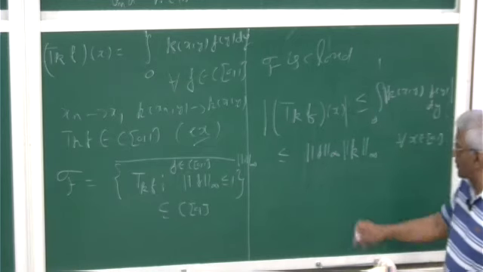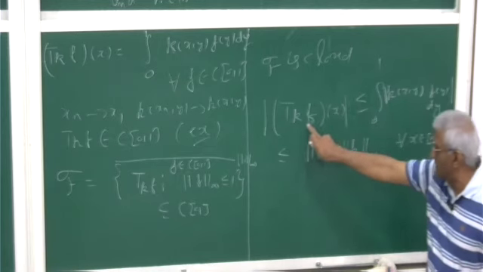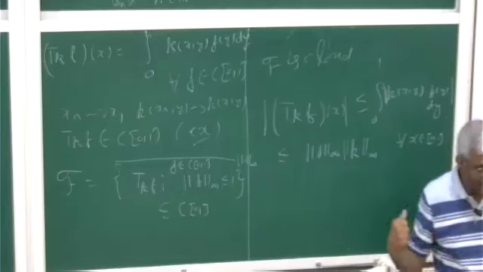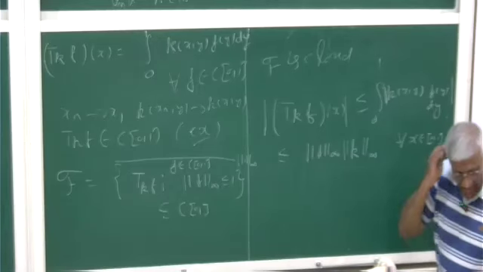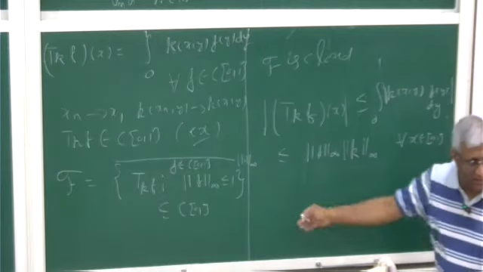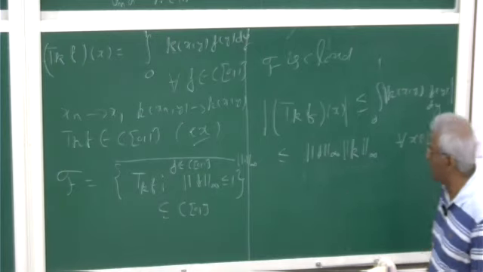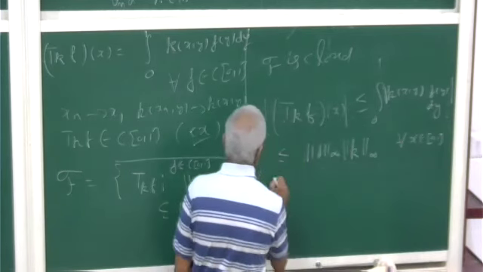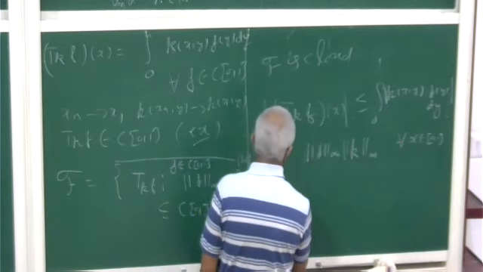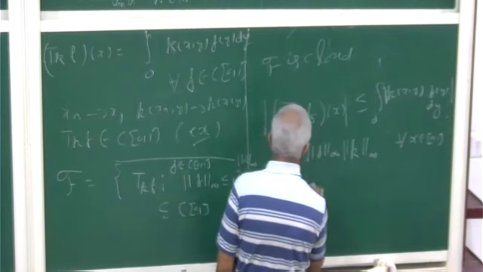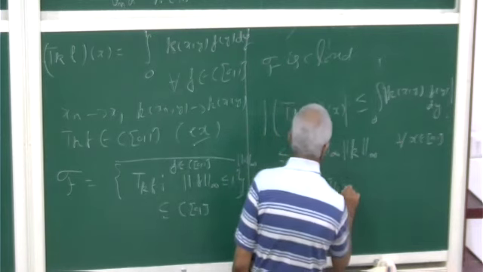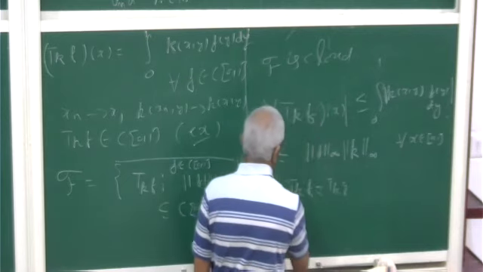If you write it like this, you can show that TK is a continuous function. It is not clear to you? I wrote it for a reason. You can see that this is a linear function: TKF minus TKG, this whole thing, is the same thing implied.